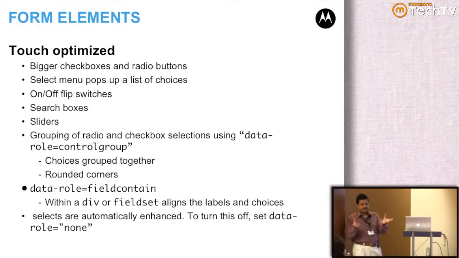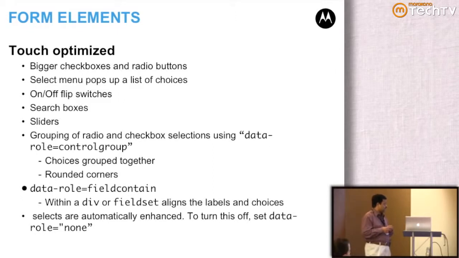And by default it makes the corners rounded, so that it looks good. By the way, speaking of rounded corners, the way jQuery mobile implements this is through CSS3. It does not use any images, it does drop shadows and rounded corners through CSS3, and the reason for that is obviously speed.